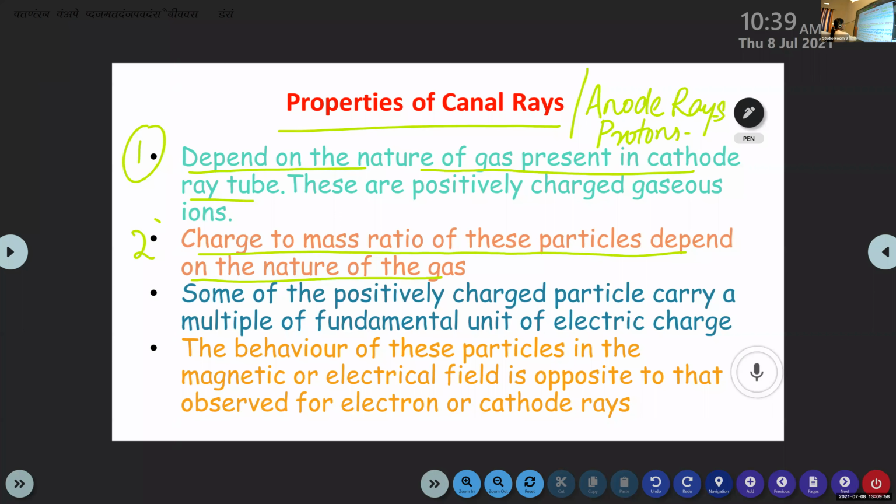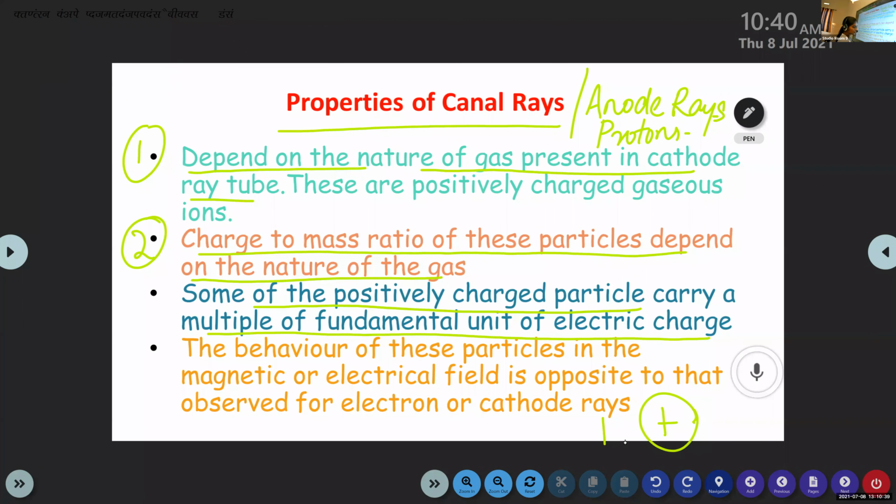Then the third one: some of the positively charged particles carry a multiple of the fundamental unit of electric charge. That means in the case of hydrogen, only one ion is there, right? Hydrogen's atomic number is 1, so its proton is 1, so the charge is positive. Only one proton is there. But in the case of higher elements, that means elements with higher atomic number, they have positively charged particles as a multiple of the fundamental unit of electric charge.